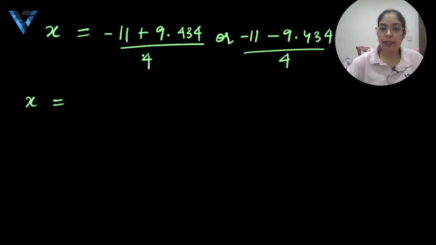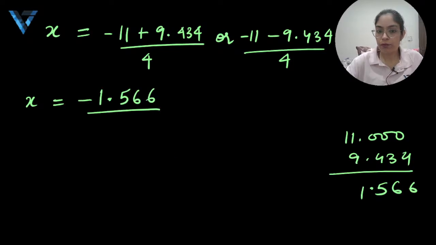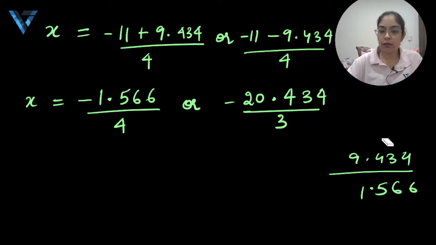So what x value will we get? First here we have to subtract: 11.000 minus 9.434 gives minus 1.566 by 4, or this will be minus 20.434 by 4. Now divide and tell me its answer.